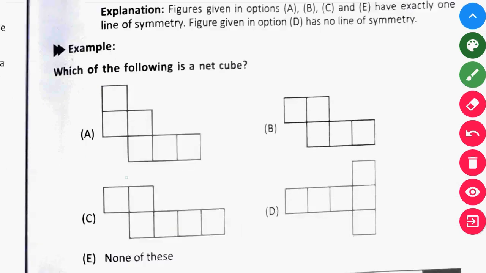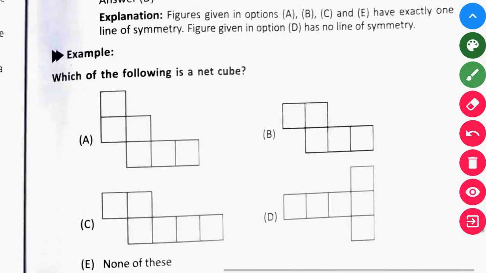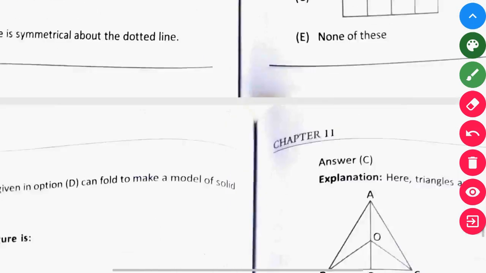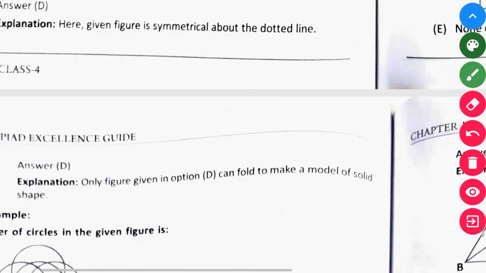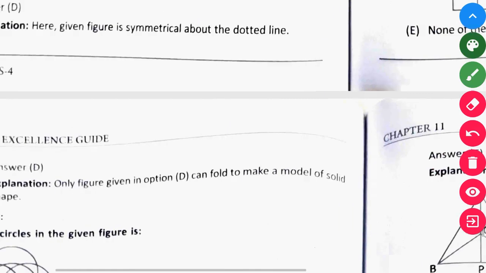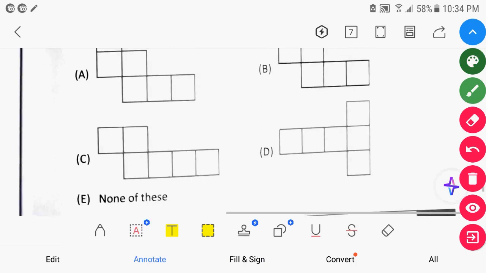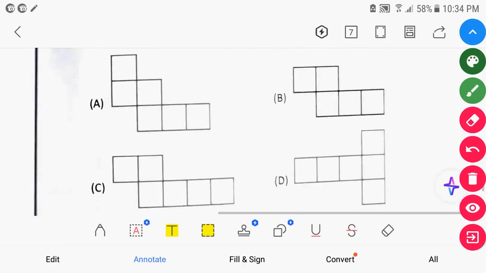Which one of the following is a net cube? Okay.